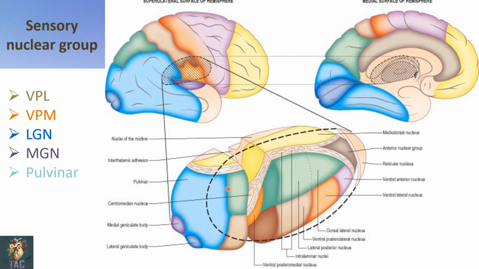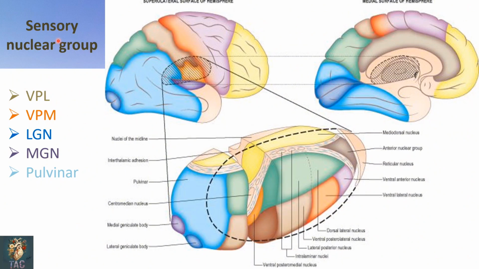The last of all in the sensory group is the pulvinar, and this pulvinar takes impulses from the medial geniculate body, also from the lateral geniculate body, also from the superior and the inferior colliculus, and this information is also transported to the occipital cortex, that is area number 18 and 19.